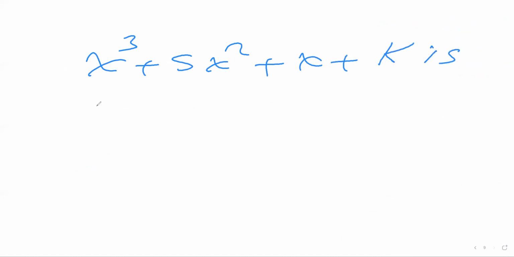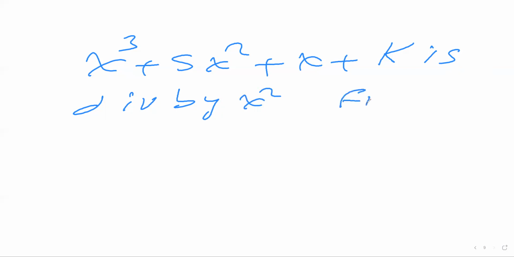I have x cubic plus 5x squared plus x plus k is divisible by x squared.